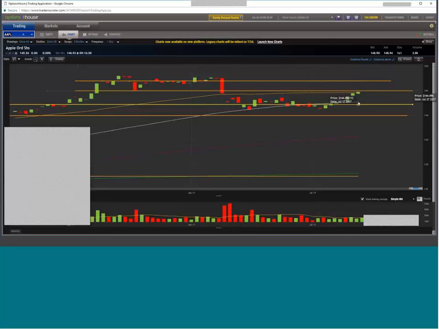The 100-day is probably a little closer to 144.75. So, failure at resistance.